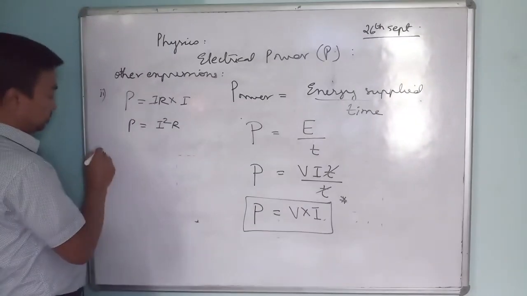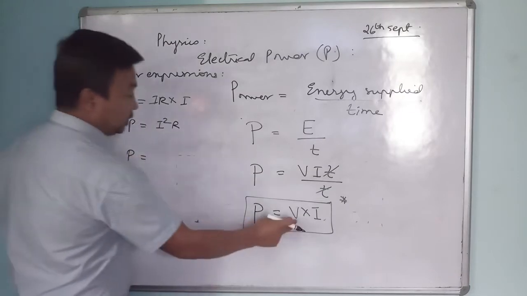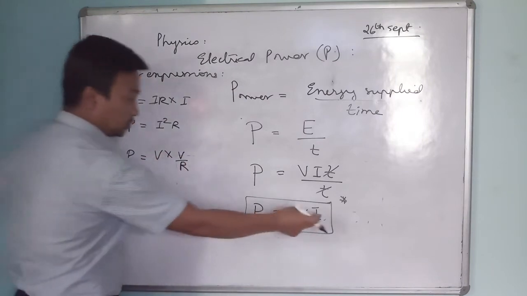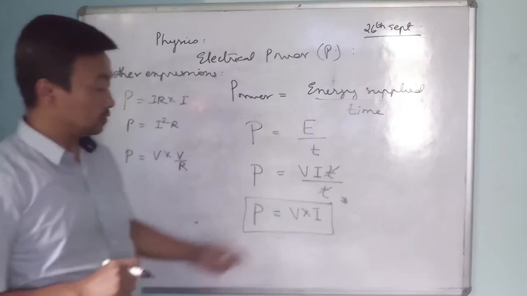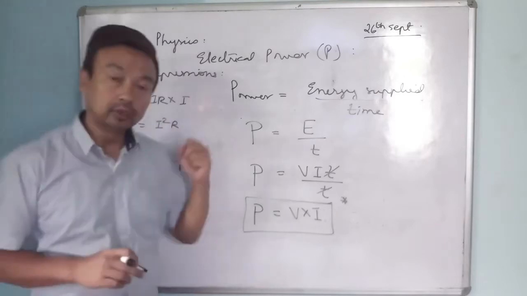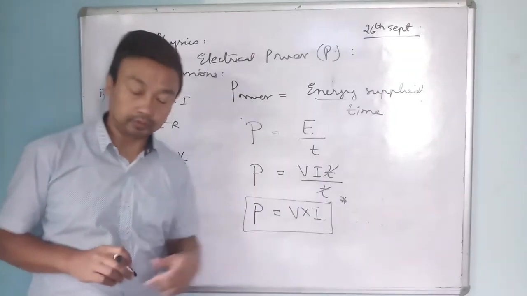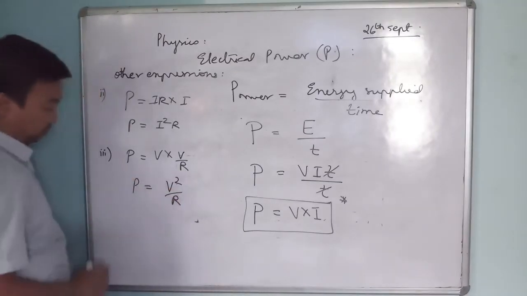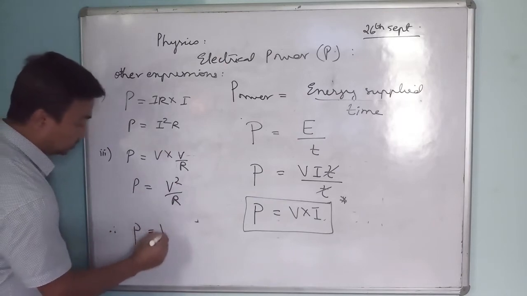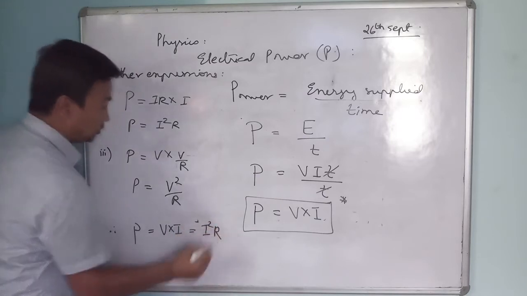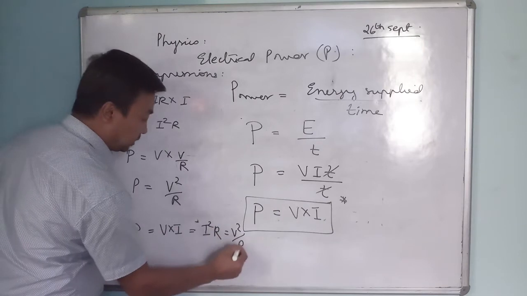Likewise, you can also find the third expression for the power. V I. Suppose you replace the I from Ohm's law, V upon R, because basically you have to use Ohm's law as the base or foundation in order to find different expressions for the electrical power and the electrical energy. So now the third expression is V squared by R. So therefore we have got three expressions for the power. V into I is the first expression, second is I squared into R, and the third is V squared by R.